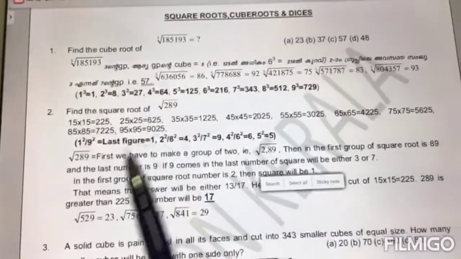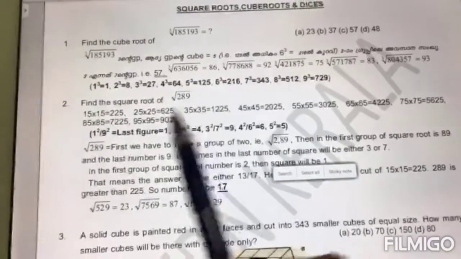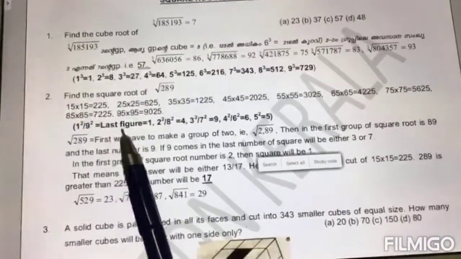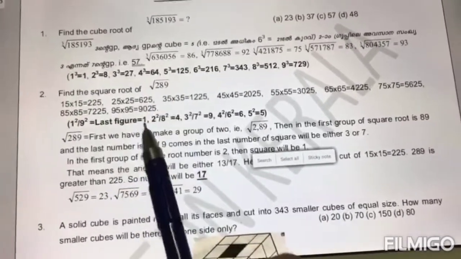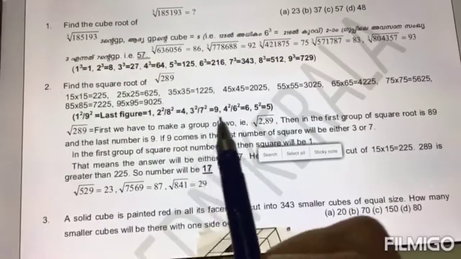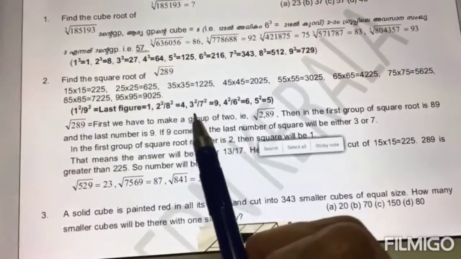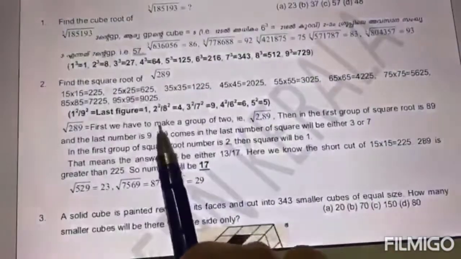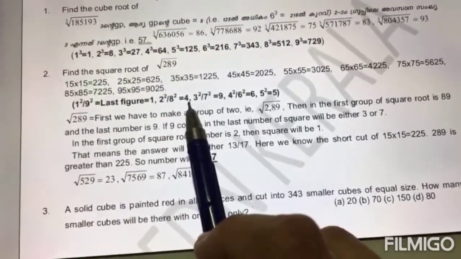So here see what they're saying is, look at the last figure. It is 9. So look at all the squares from 1 to say 10. Whenever it ends in 9, the chances are that there is some connection with 7, because 7 square is 49, 3 square is 9, right? Similarly, look at 2 square, it's 4, 8 square is 64, so they end in 4.